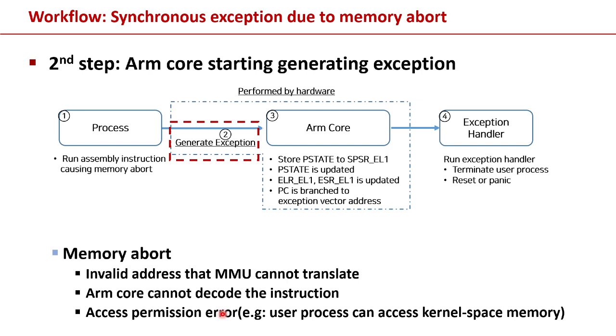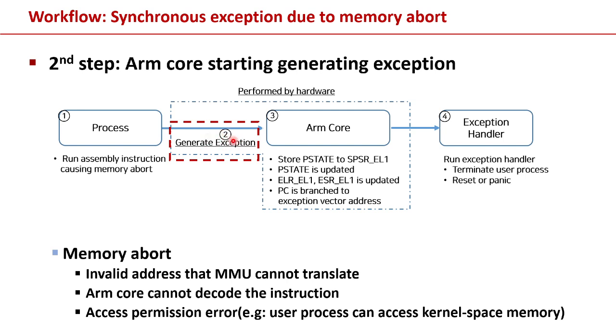I guess the most common example to generate memory abort is accessing the null pointer address. This is the typical example of memory abort. Anyway, if the ARM core cannot access the virtual address, or if the ARM core cannot decode the assembly instruction, the ARM core will start generating an exception.